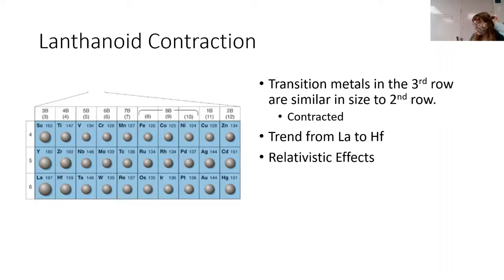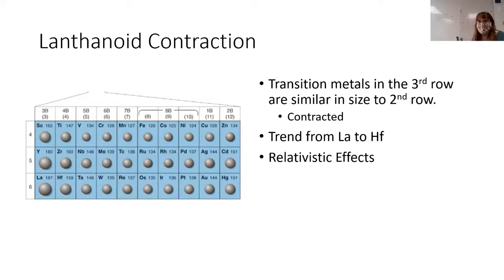Part of it is also those relativistic effects. Remember that a few class days ago we talked about those two s electrons that got stuck on the heavier p block elements, that they didn't come off very easily, and that was because they were moving so fast.